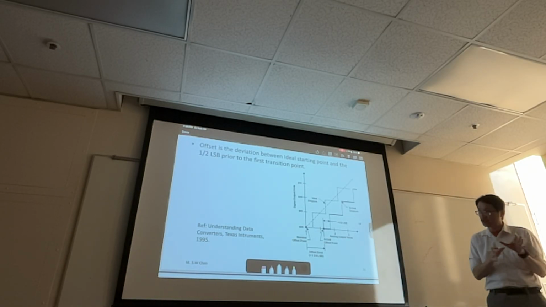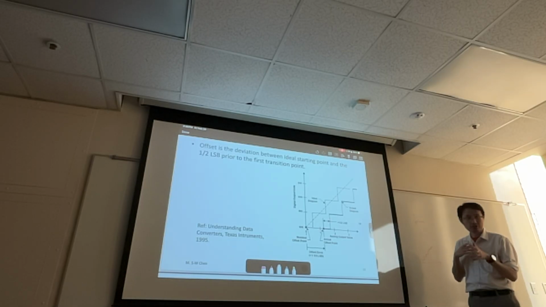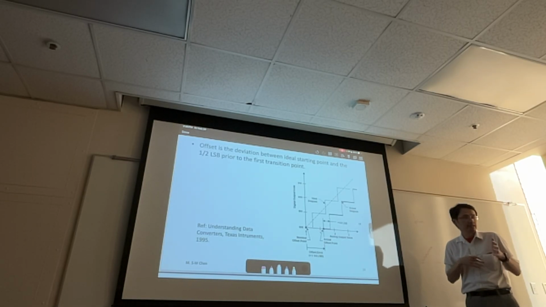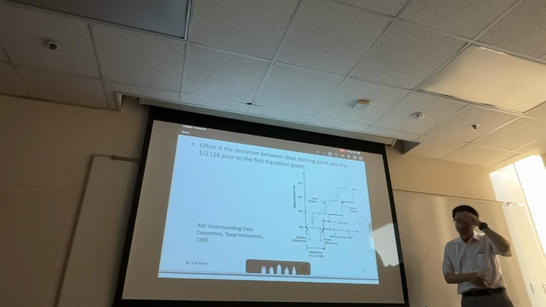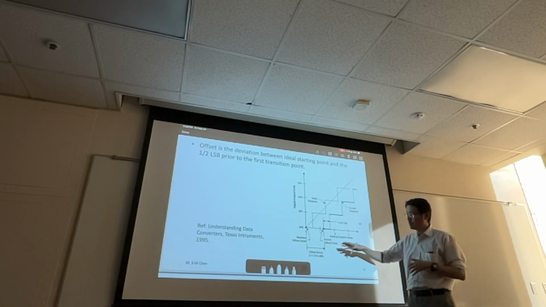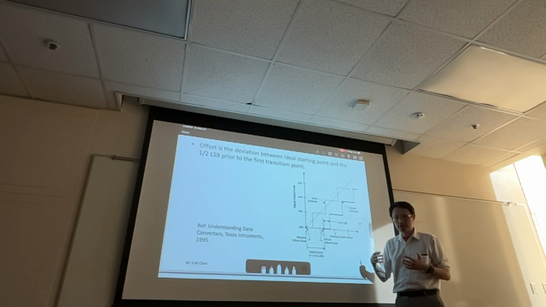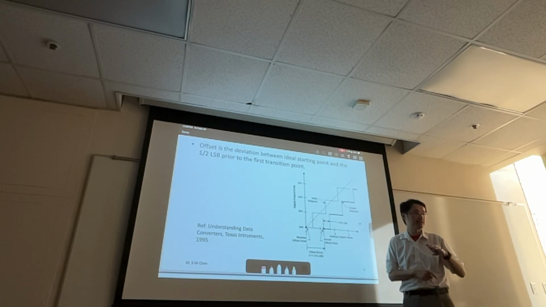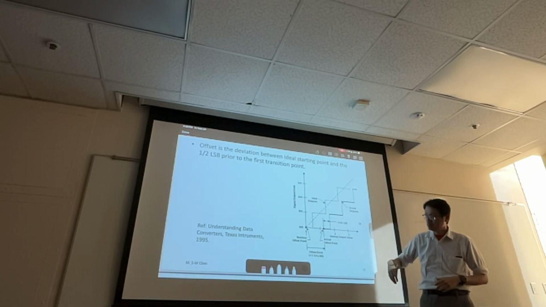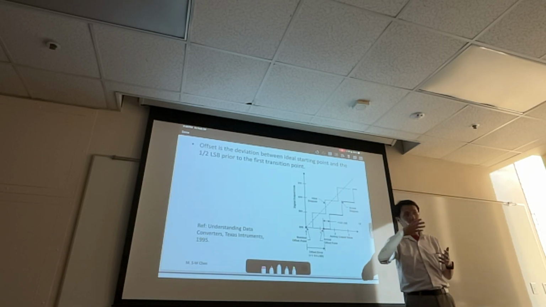Again, this one is a little bit more ambiguous. It's not like DNL and INL, where everybody in the world defines it normalized to 1 delta. Sometimes a data sheet may say the offset is 200 millivolts, I'm just making up numbers, or they will say this is 1% of the full scale.